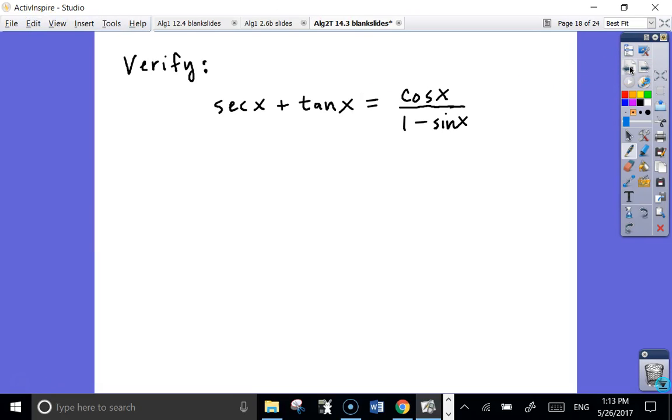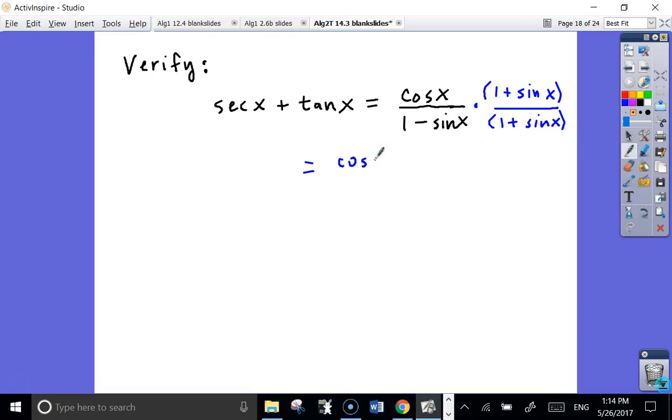So if you wanted to work on the right side, and you see that there's a 1 minus sine in the denominator, then let's multiply the right-hand side by 1 plus sine x over 1 plus sine x. Notice what happens with that. In the numerator I'm going to leave it first like this, cosine x.